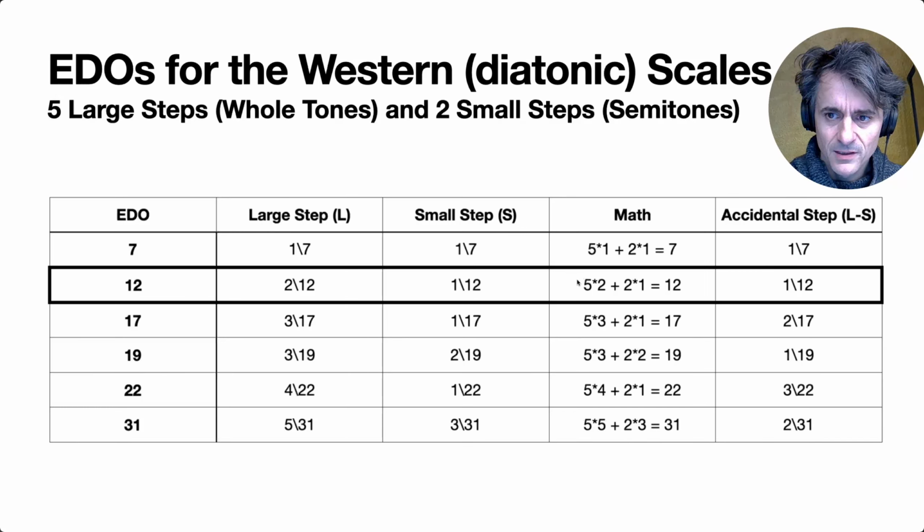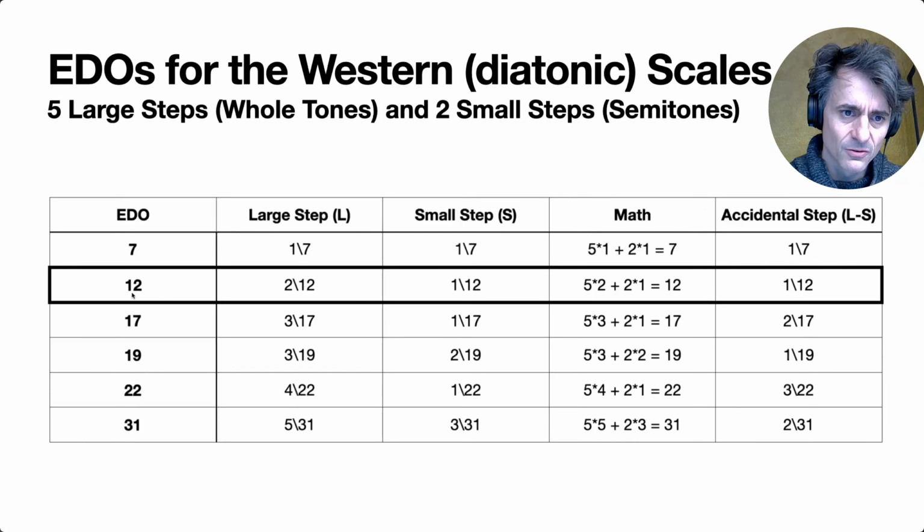The math is 5 times 2 divisions of 12 EDO plus 2 times 1 division of 12 EDO, so you get 12 divisions for the 5 large and 2 small steps.